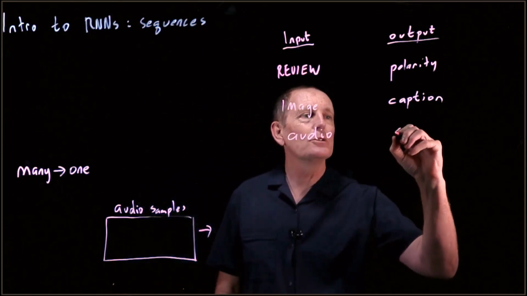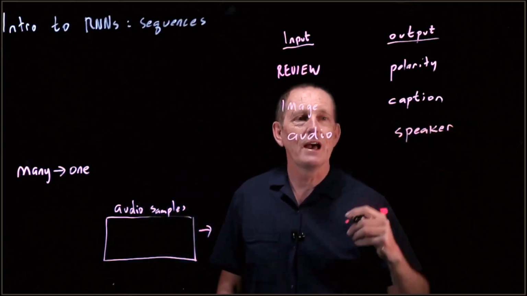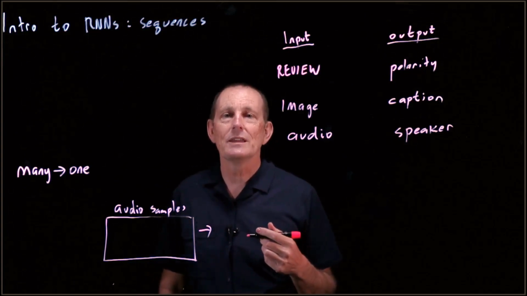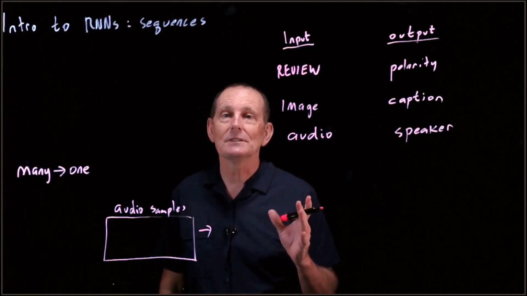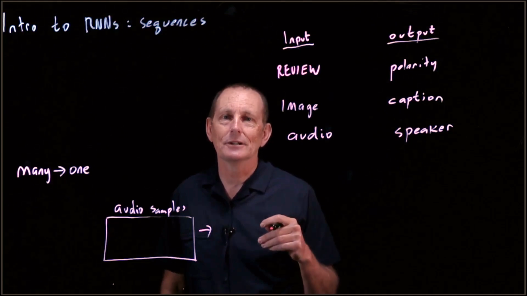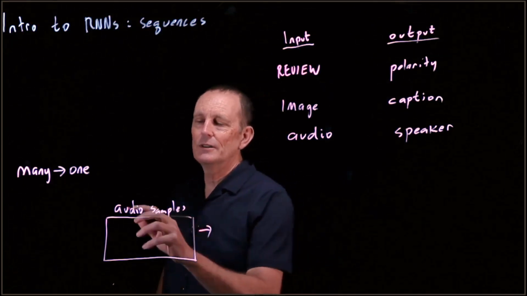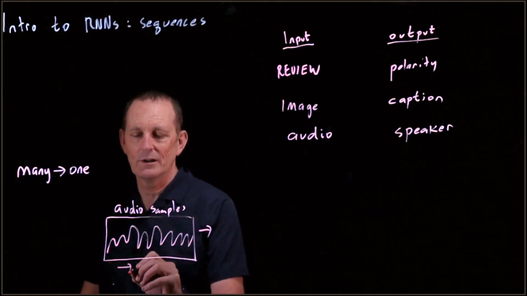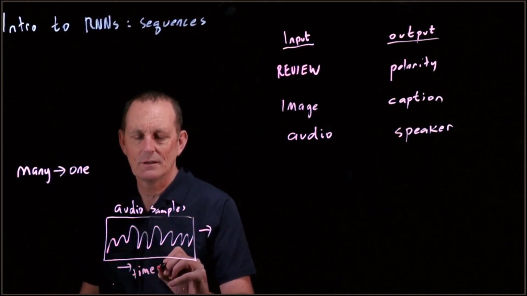Output might be, let's say, who the speaker is. So we have a set of possible speakers. Or maybe what we're trying to do is listen for a particular wake-up word, like Alexa or Hey Google. So these are our audio samples as input, where here we've got time steps.